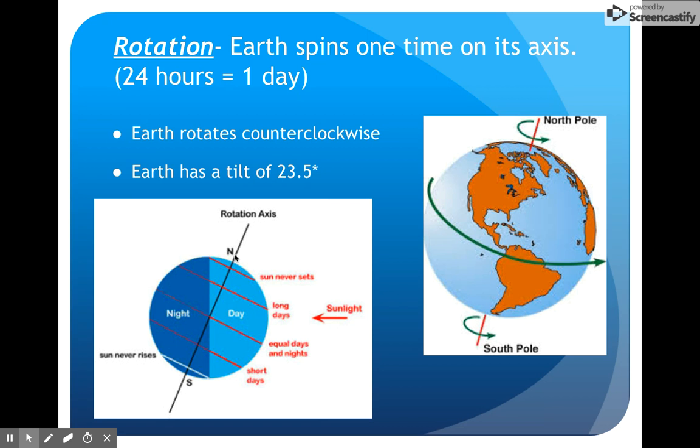It appears that the northern hemisphere is tilted towards the sun and the southern hemisphere is tilted away from the sun. So in cases like this, the northern hemisphere would be experiencing summer. Notice how much longer days and shorter nights. In the southern hemisphere, it's the opposite. They have shorter days and longer nights, so they're experiencing winter.